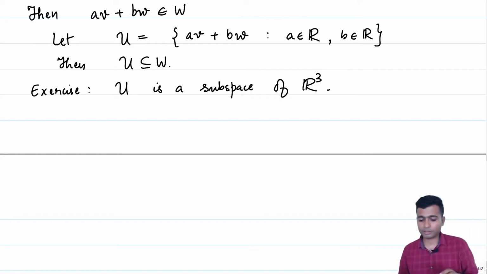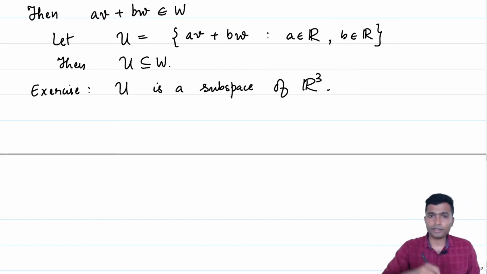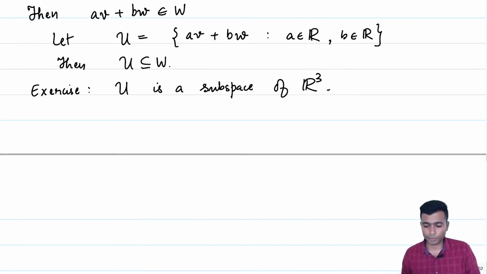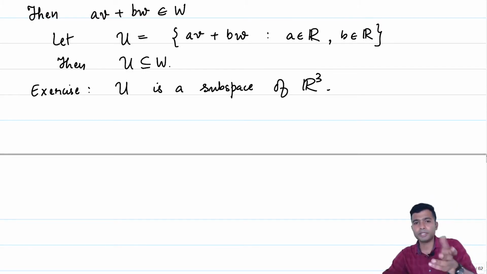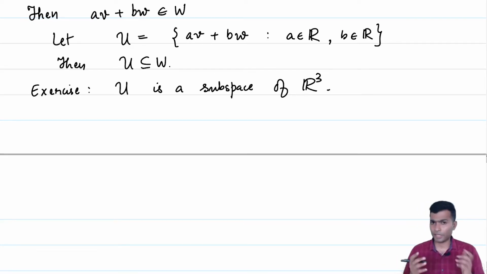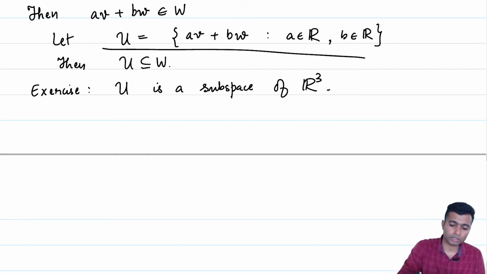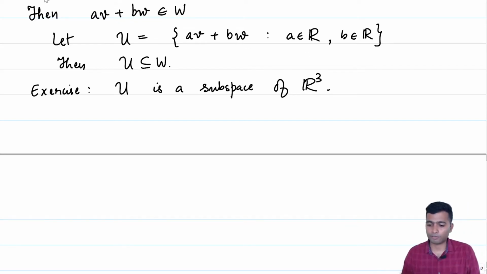And therefore, it's in some sense the smallest subspace which contains V and W. So, elements of this type AV plus BW is what is called as a linear combination of V and W, and the collection of all such linear combinations, in this case which is denoted by U, is what is called as the span of V and W.